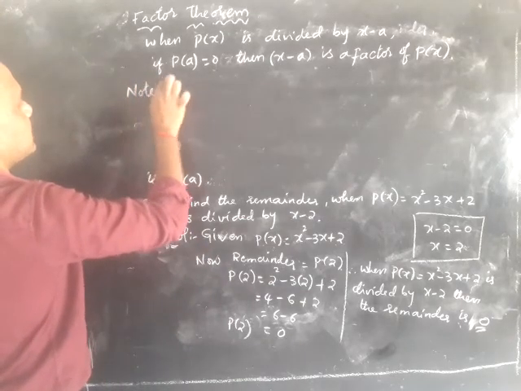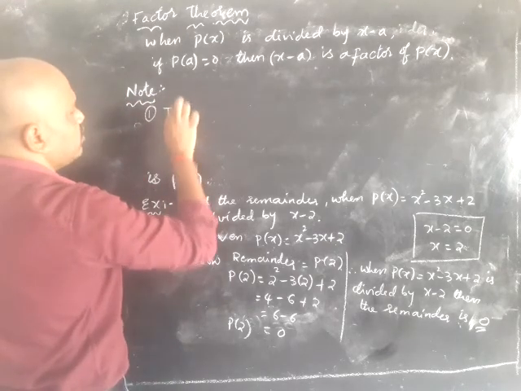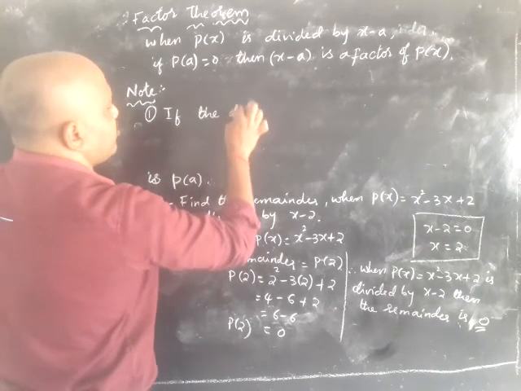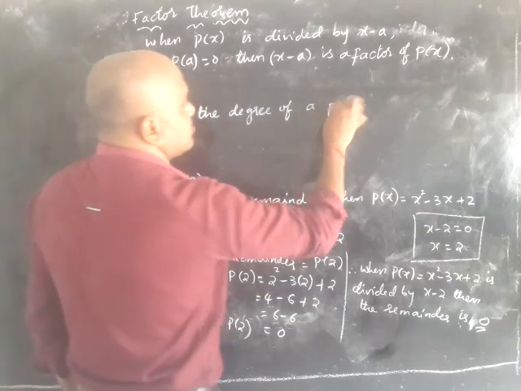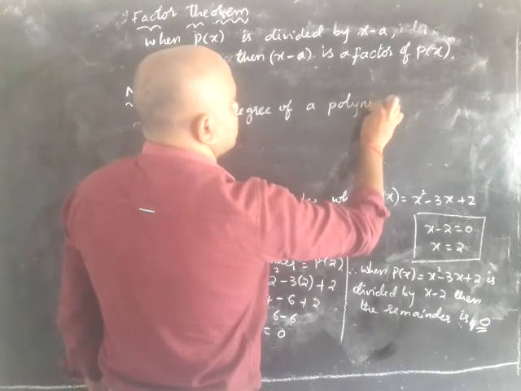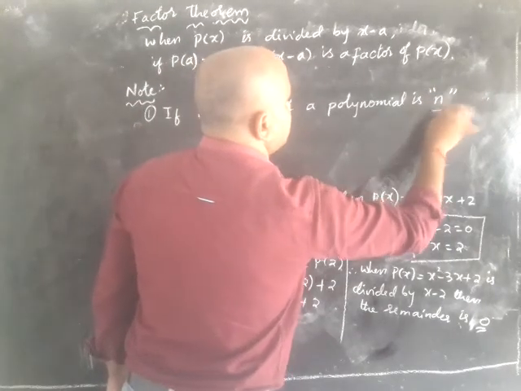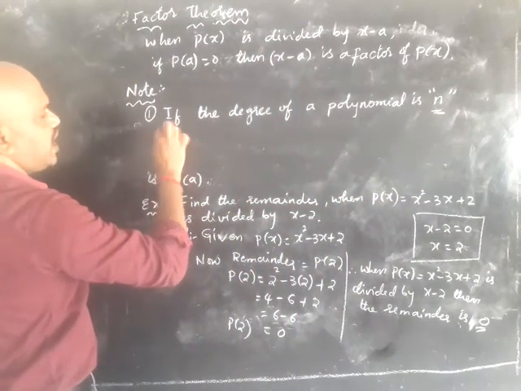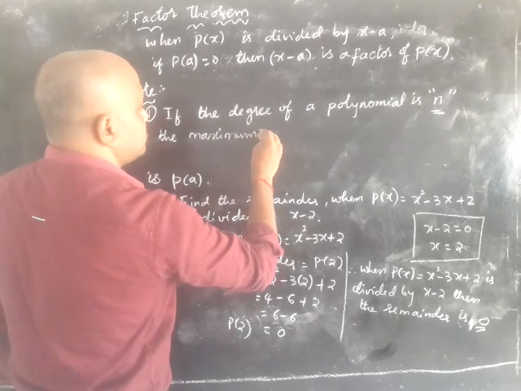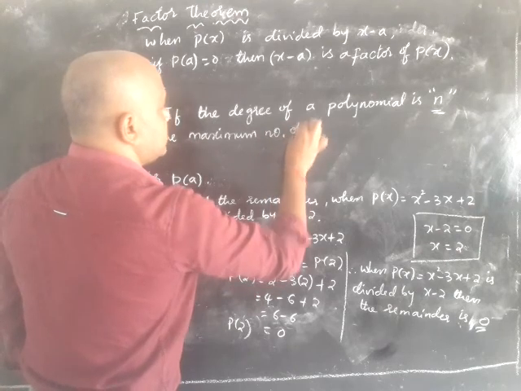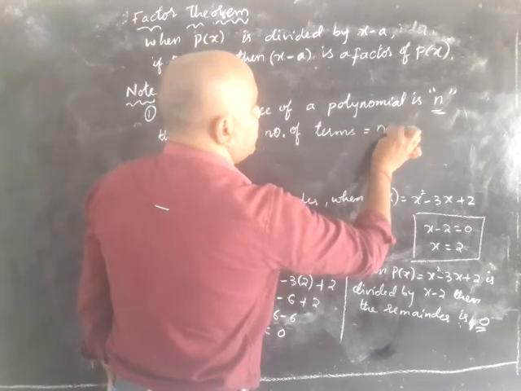Note number 1: if the degree of a polynomial is n, then the maximum number of terms will be n plus 1.